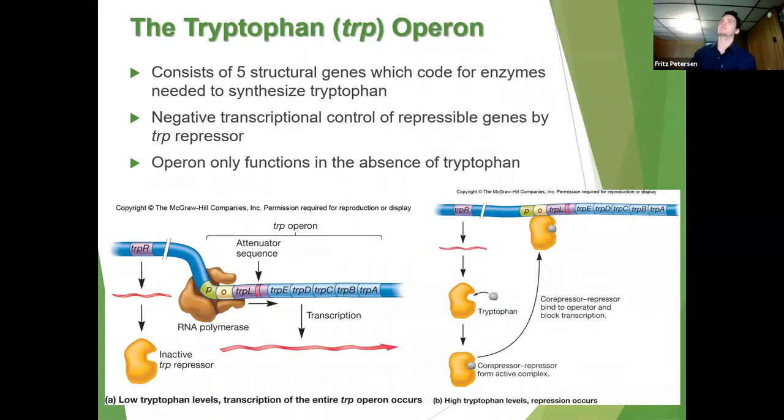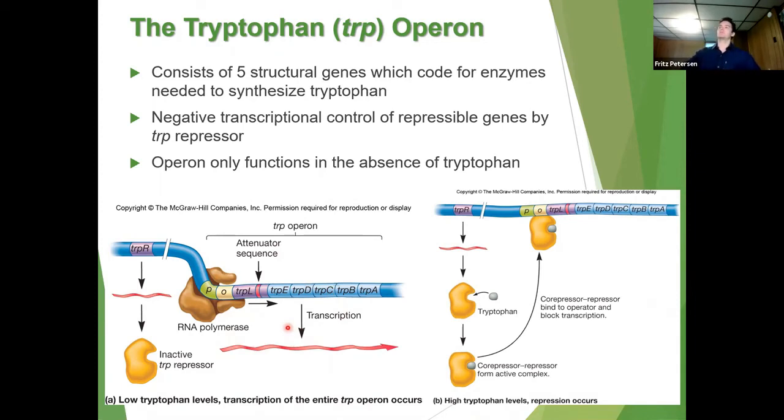Looking at tryptophan, the tryptophan operon. This is an example of negative control of a repressible gene. Here you can see under normal conditions, transcription will occur because these operons are normally on, but can be turned off.